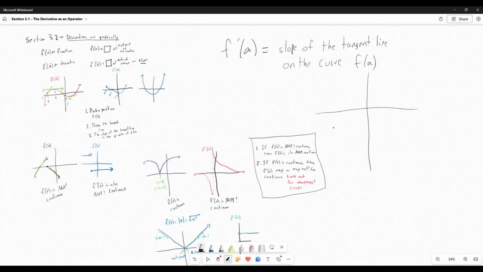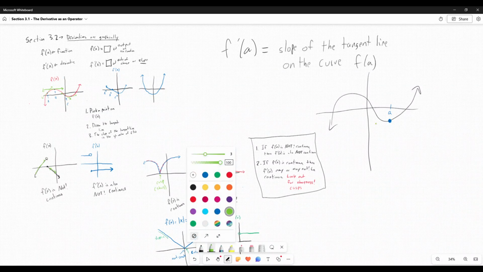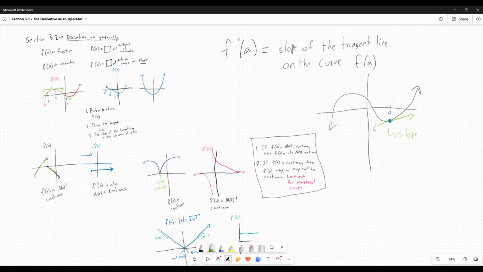So we have some function, we choose an a, the tangent line, which I'll put in green, technically olive, the slope m equals f prime of a. That is the fundamental idea.